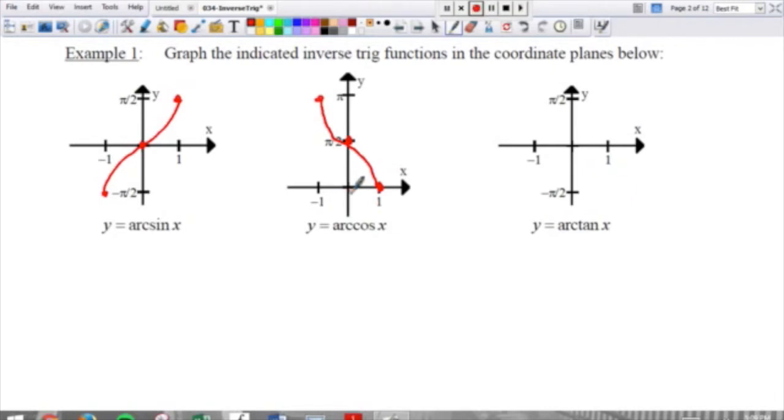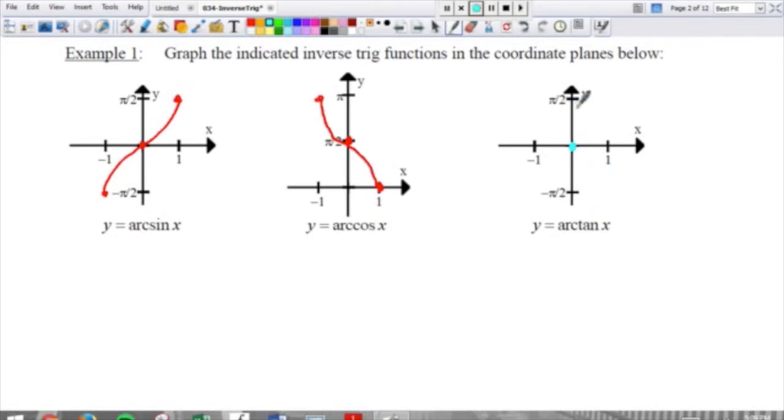Alright. Arctan. Get ready. Hold your seats. Buckle up, buckaroos. I'm going to switch the colors just because it's so special. Arctan. Tan of 0 is 0. And now you try to do it the other way.